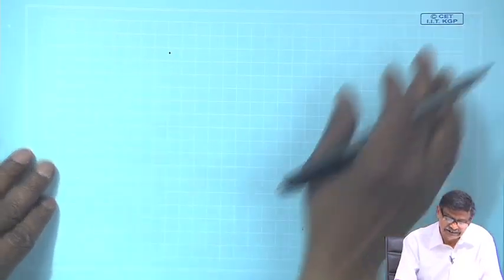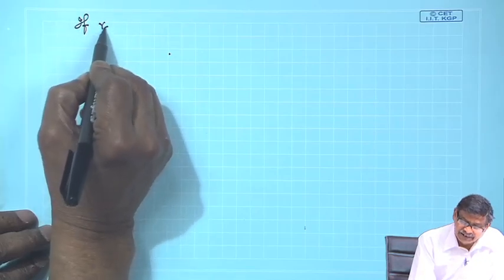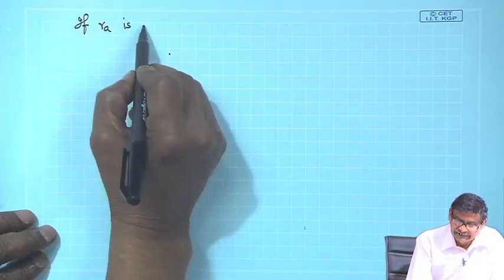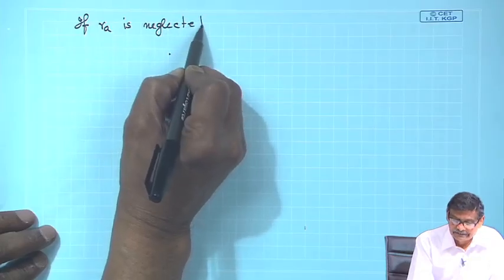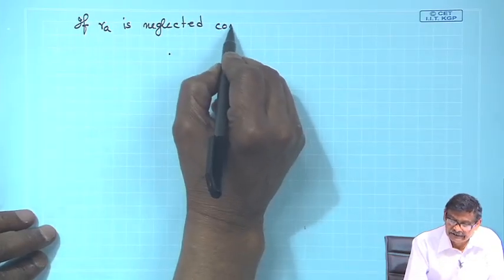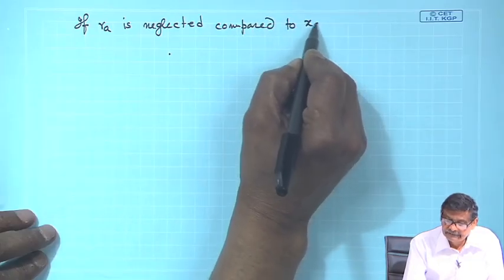Now, what I will do? Once again, because this is often done, R A is neglected compared to X s.